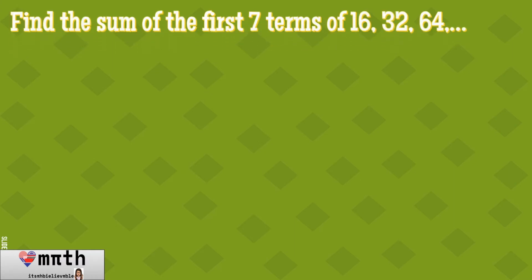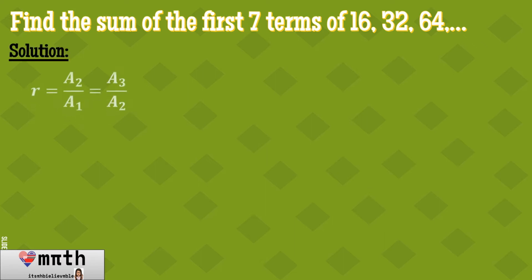For our example, let us have the problem: find the sum of the first 7 terms of 16, 32, and 64. The first thing we need to do is compute the common ratio, in order for us to know whether the condition is applicable to the formula that is being used.